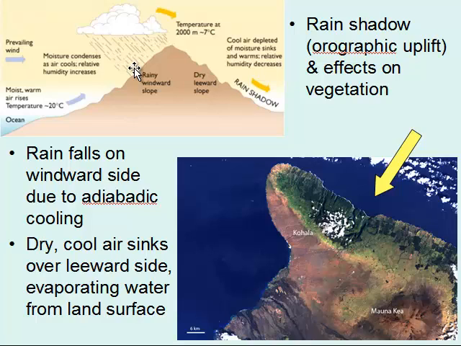And then as that air travels over to the other side of the mountain range, basically all the moisture has been sucked out of that air, and now you have cool air that is pretty dry on the other side, and that air starts to evaporate any water off the surface, so we often get dry conditions on the leeward side.